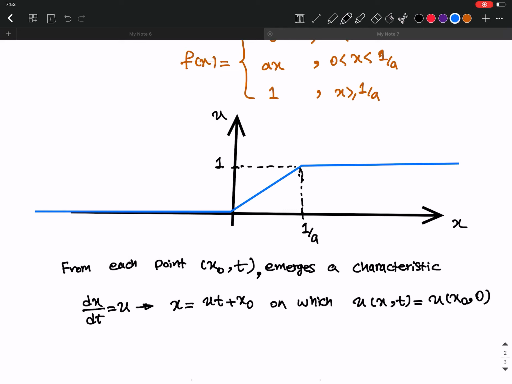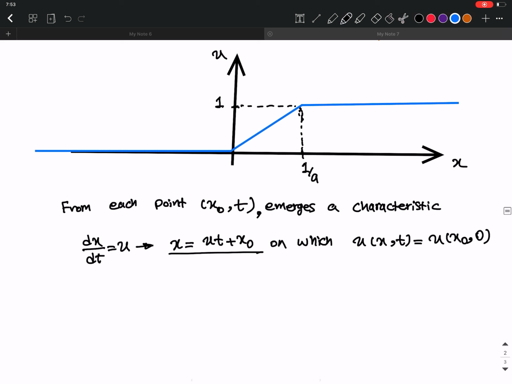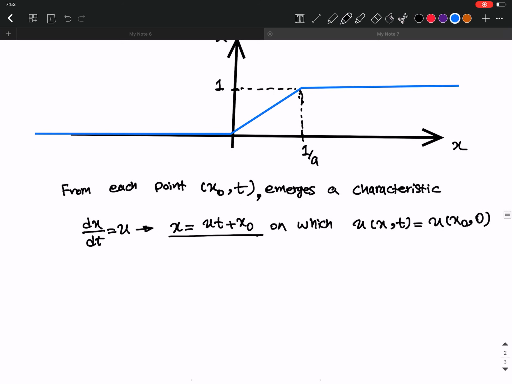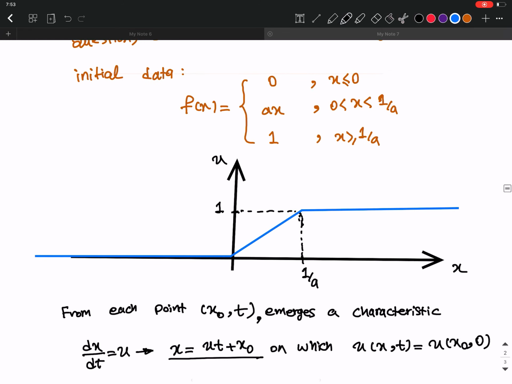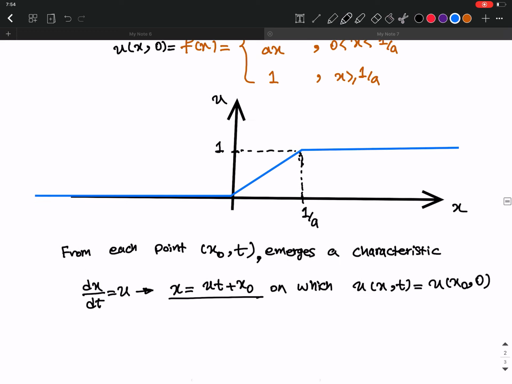So this is the characteristic, because the solution u along the characteristic should be constant, right? So the value of u equals u at x0 and t, and this is the value at u(x0,0). So this is the initial data.